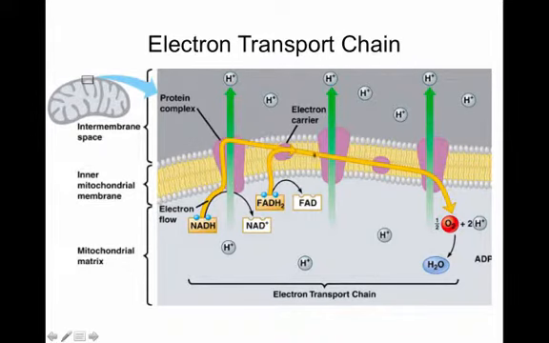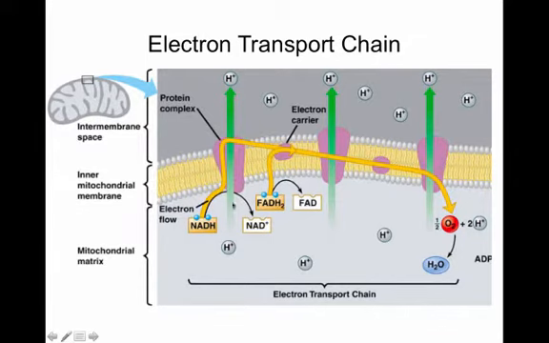Now, before we get started on the process, let me also orient you to these proteins and these electron carriers of the electron transport chain. The electron transport chain is located in the inner membrane of the mitochondria. It consists of 3 proteins that span the inner membrane. You can see them here. And 2 protein complexes that carry electrons from one protein to the next.